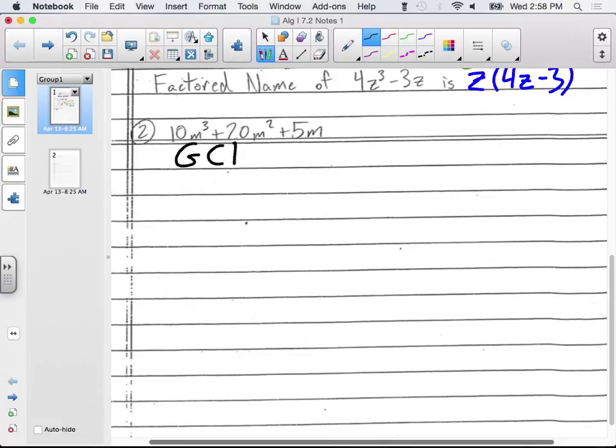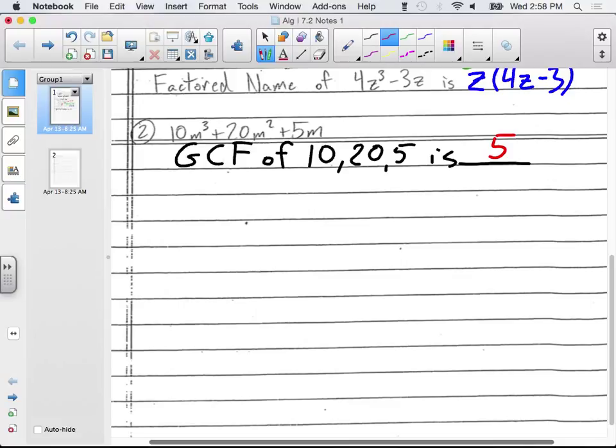So, first step, we find the greatest common factor of our number parts. We have 10, 20, and 5. What is the greatest common factor of 10, 20, and 5? 5. Why? Because it's the only one that goes into all of them.